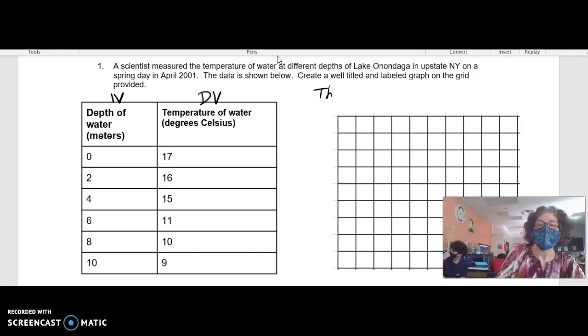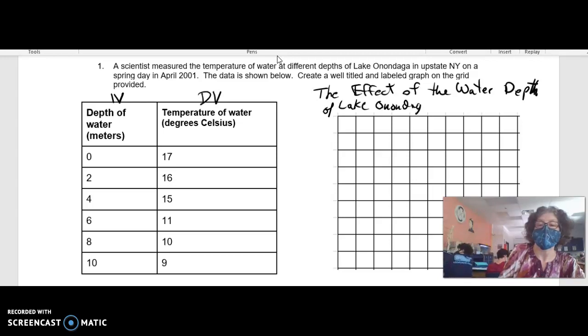So in this case, it would be the effect of the water depth of Lake Onondaga on the water temperature.